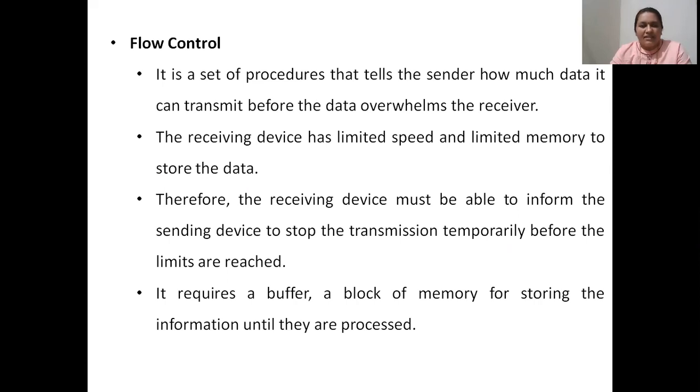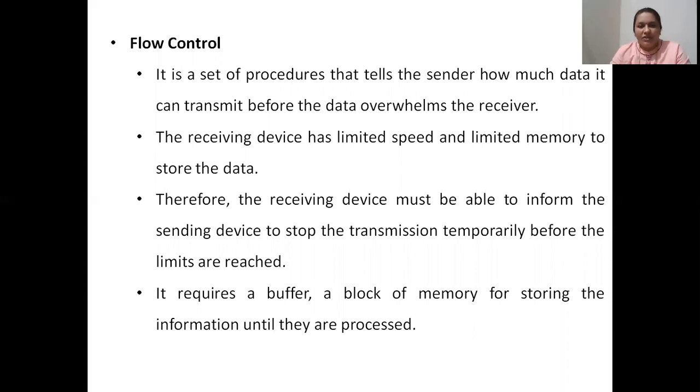If sender and receiver both work at the same speed, then there will be no problem. But if the receiver is slower than the sender and the sender sends data at a faster rate, the receiver might lose some of the data frames because it is slow compared to the sender, and also it has low memory availability.